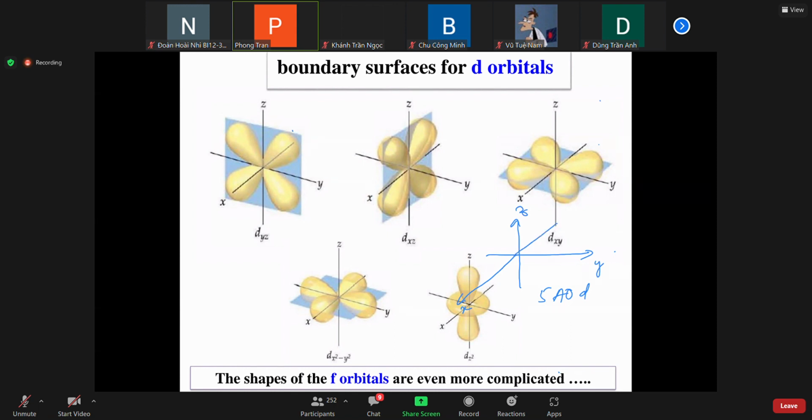And imagine that you have a compound which has the M here, and you have one water molecule here, and one water molecule here, one water molecule here, and one water molecule here. So it looks like you have this set.